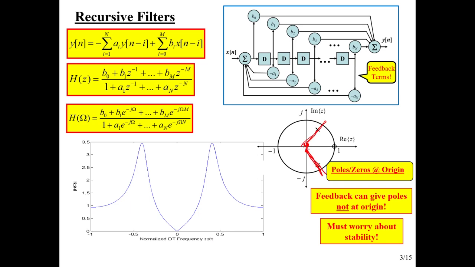Not exactly at the angle, but close. And then the other thing we can see here is there's a 0 at that position, and we should be able to figure out that that's going to drag the frequency response down to exactly 0 at the frequency of 0. Remember, this omega axis is really the angle around the unit circle. So make sure you know that. We talked about that before.